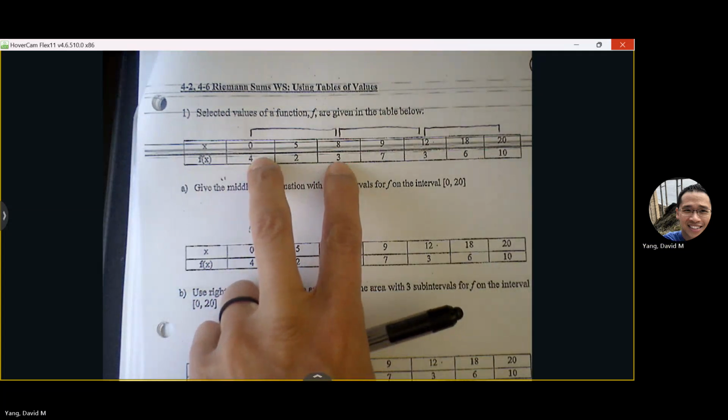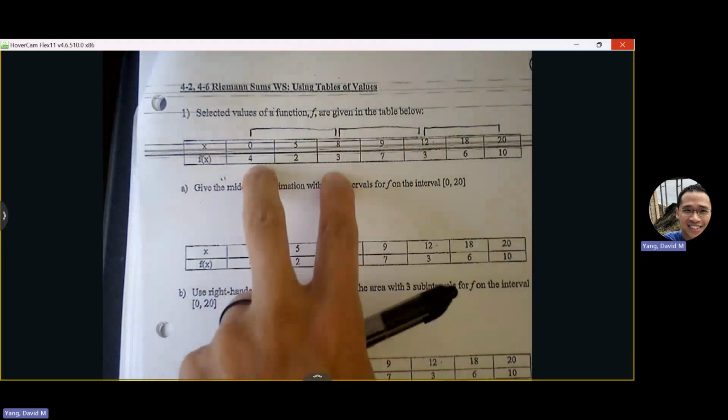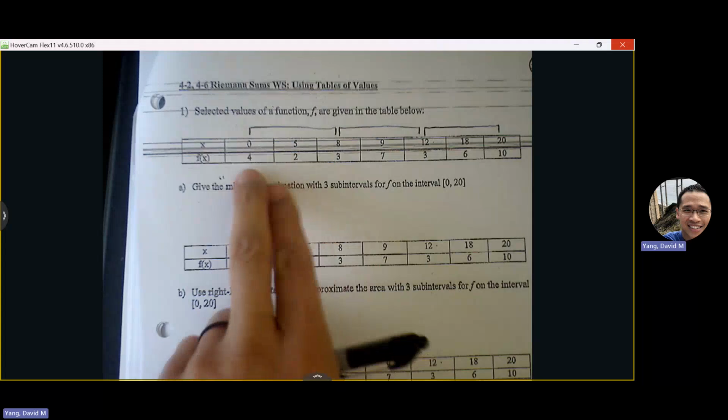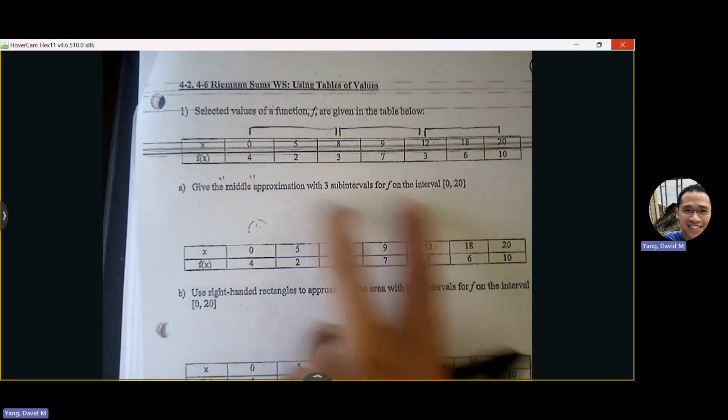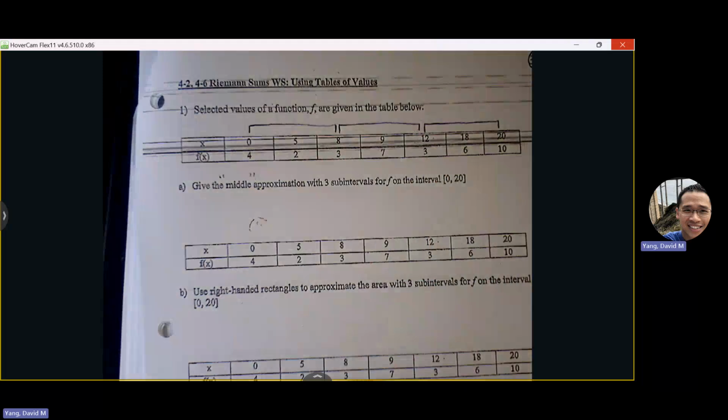Okay. So it's three subintervals in the sense that it's three subintervals based off of the order pairs given to us. So every interval spans across, in this case, three sets of order pairs, right? But the width may not be the same, because we're using the intervals defined by the table.